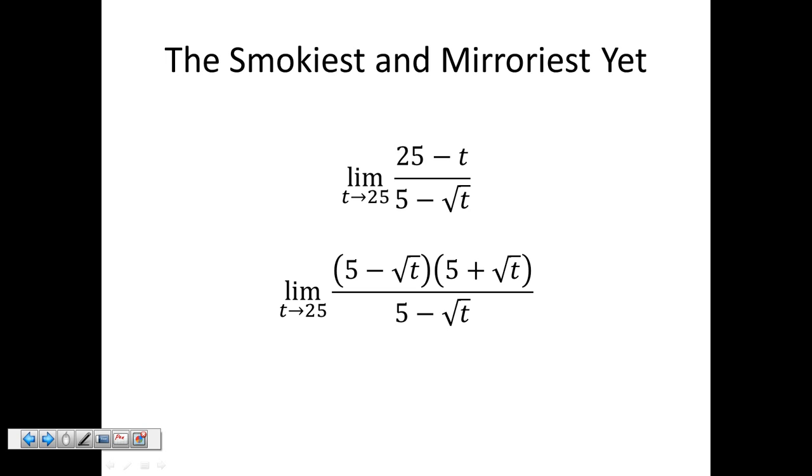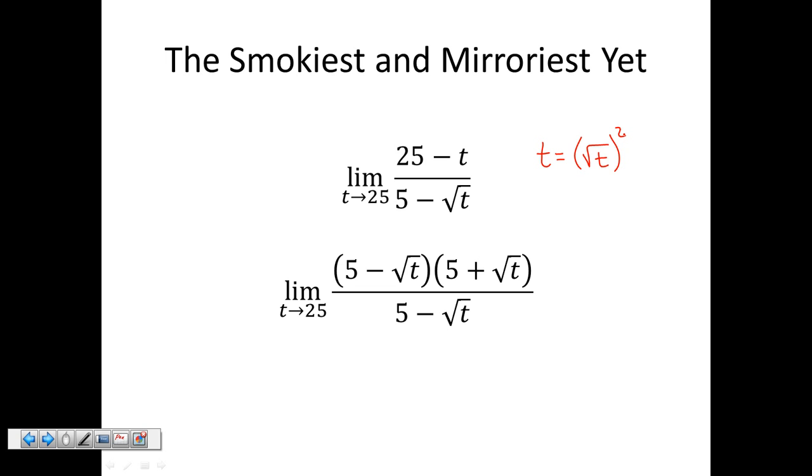Let me say that again: t is equal to the square root of t squared. I can apply a difference of squares on 25 minus t. It factors into 5 minus the square root of t times 5 plus the square root of t.